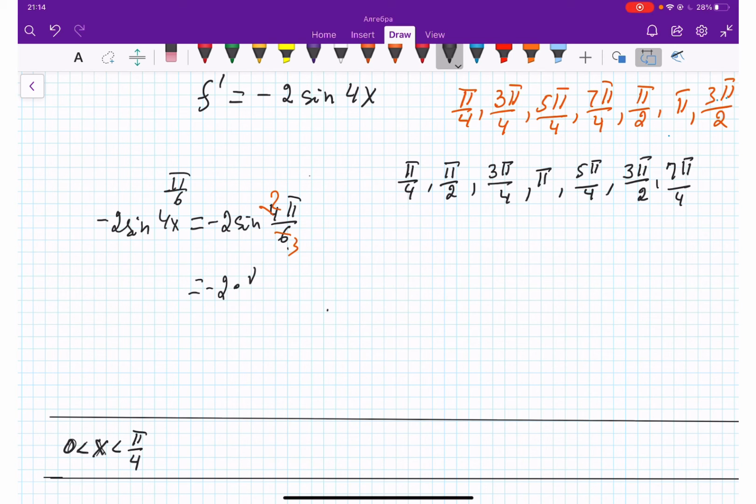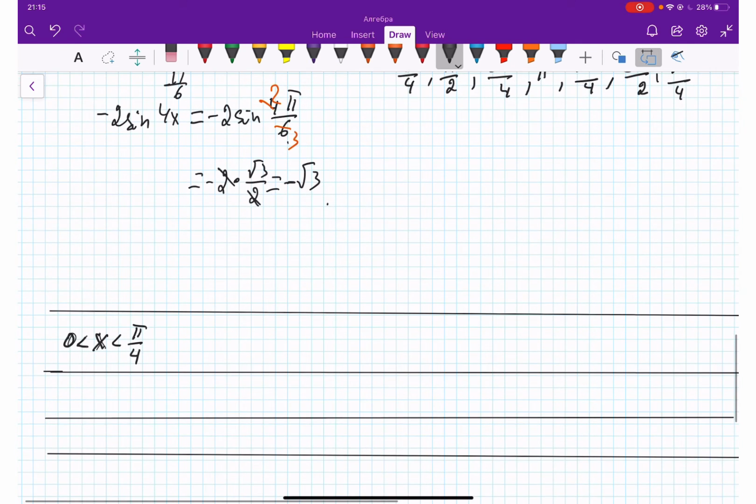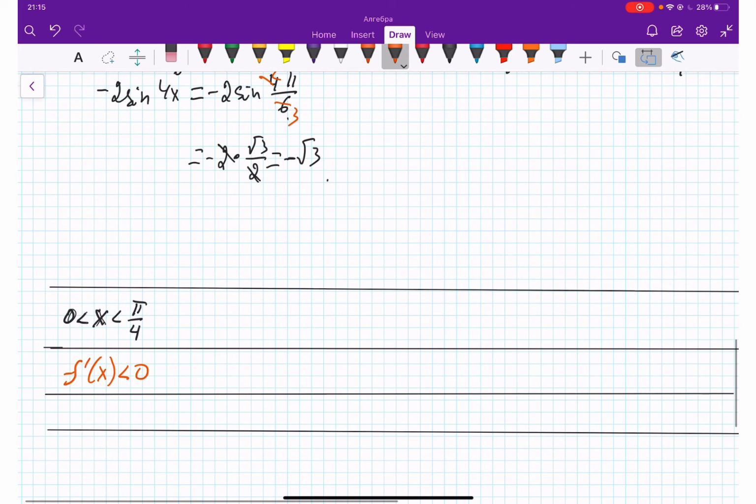So we get negative square root of 3, which means it's negative, so f prime of x is less than 0. So the conclusion is decreasing.